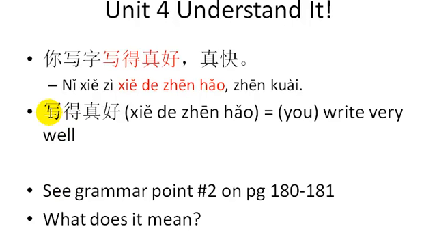Write, and then you have the connector connecting the verb with its adverb. Write very well. 真, you remember, is almost like very. You've learned 很好, right? But there's also this 真. Why don't you pause right now and go look at Grammar Point 2 on page 180 and 181, and it will talk about 真.